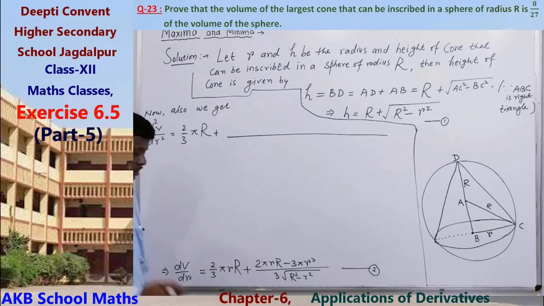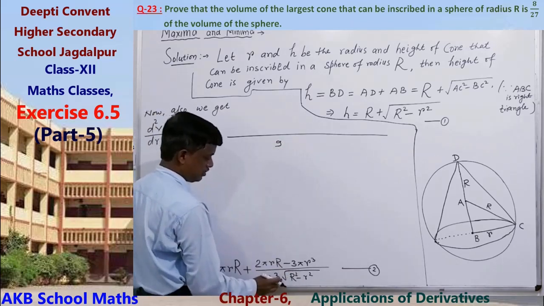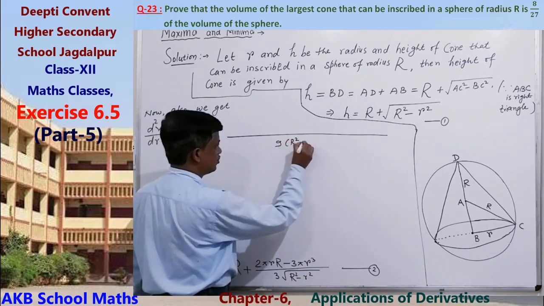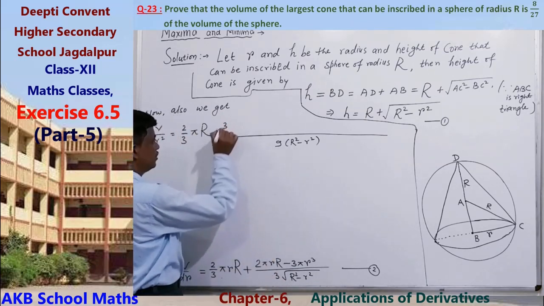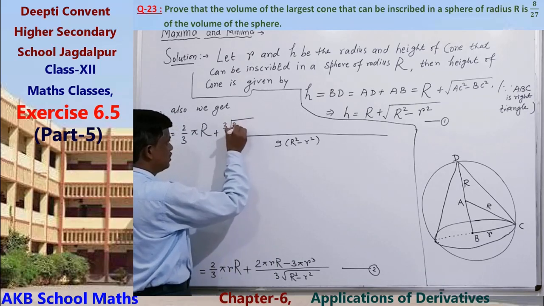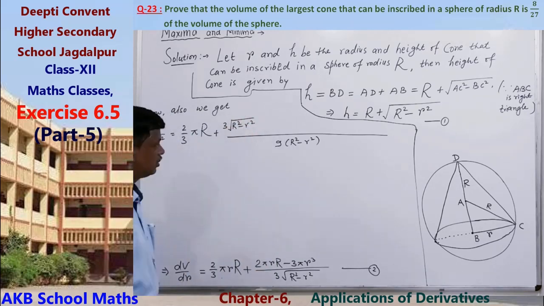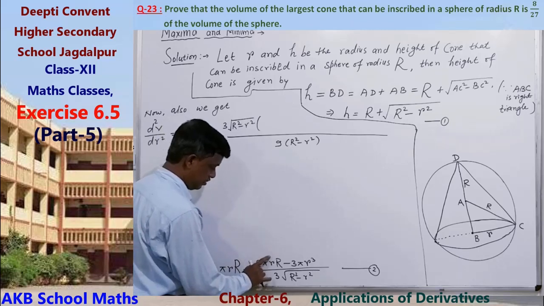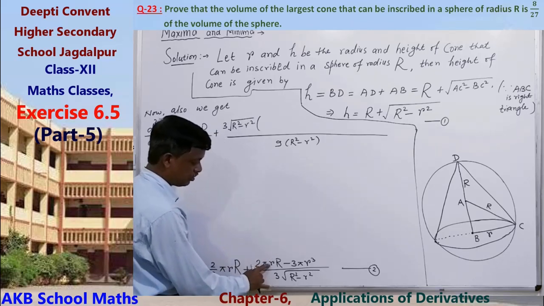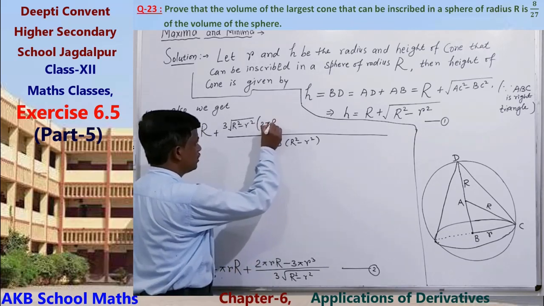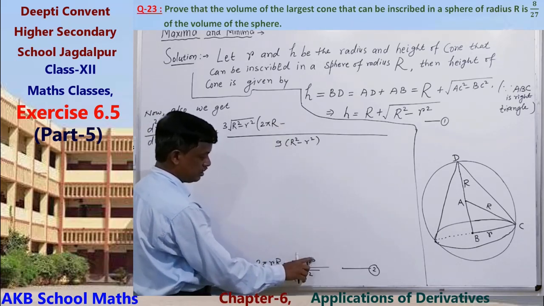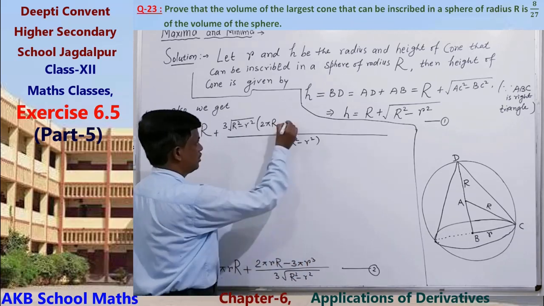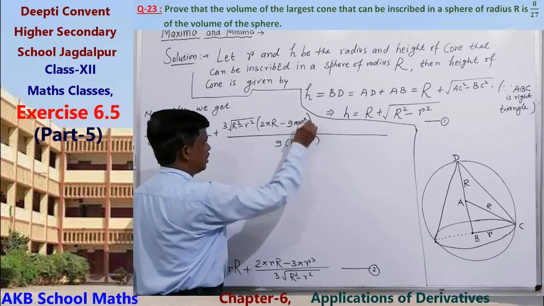Quotient rule means the square of the denominator, 9 (R square minus r square), and the denominator 3 root of R square minus r square, and the derivative of the numerator 2 pi R r, derivative of r is 1, so 2 pi R, minus the derivative of 3 pi r cube, 9 pi r square.